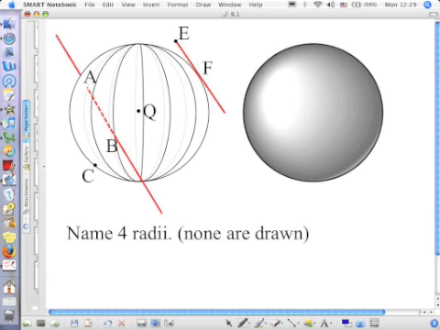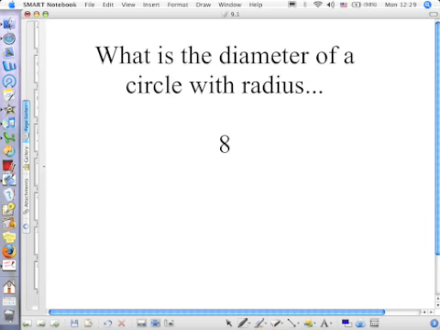Orange juice. All right. Now let's put our brains to a quick little test. What is the diameter of a circle with a radius of 8? 16. Double it. What about 5.2? 5.2 times 2. 10.4. What about 8 square roots of 3? When you are multiplying a radical times 2, you don't touch the radical. You're just multiplying the whole number.